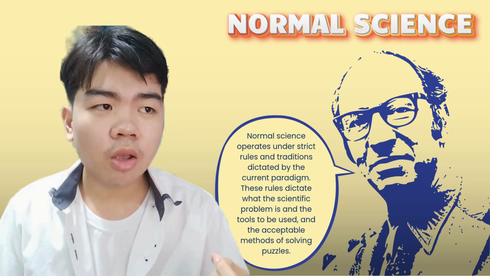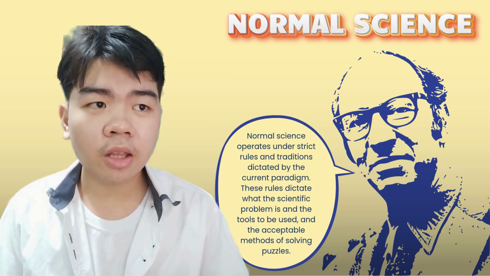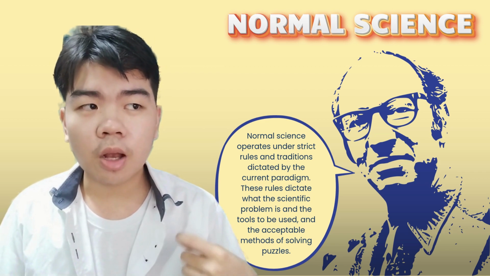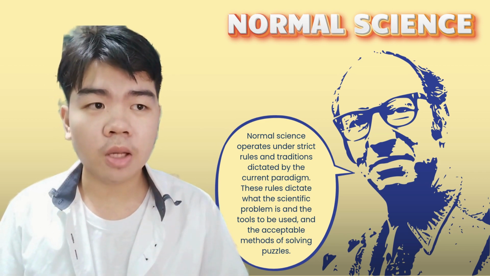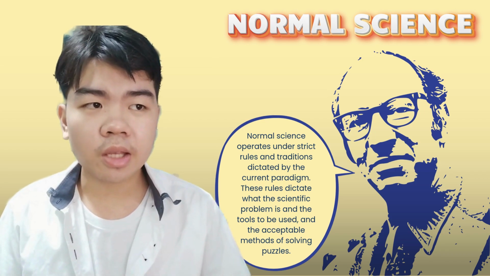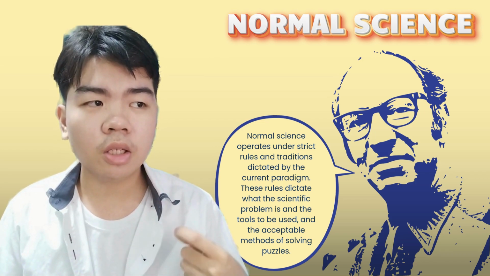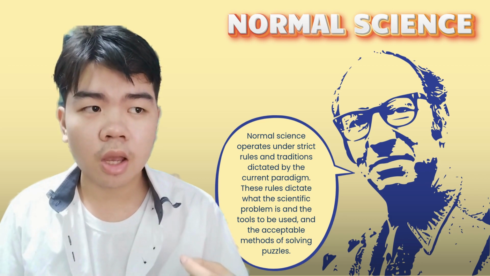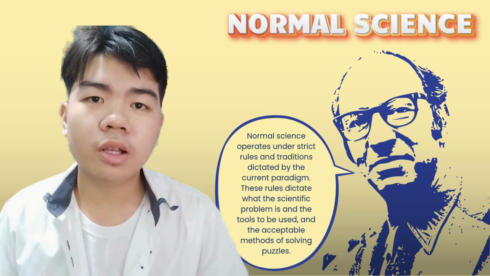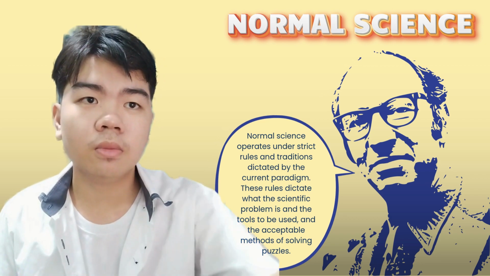These rules dictate what the scientific problem is and the tools to be used, and the acceptable methods of solving puzzles. Normal science ultimately leads to the recognition of anomalies and crises, which we will encounter later in the discussion. Now onto the puzzle solving part.